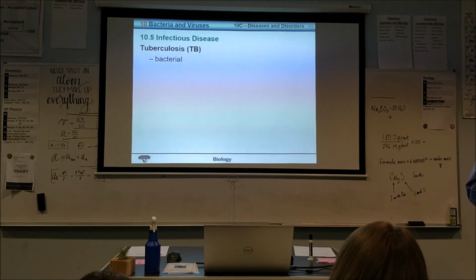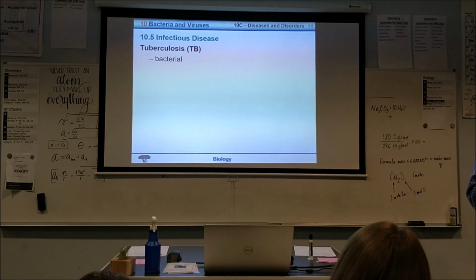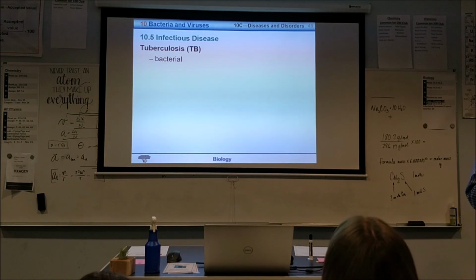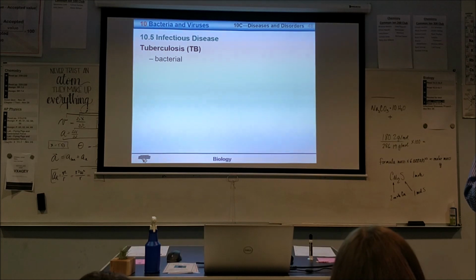Tuberculosis is one of the infectious diseases that in the U.S. there were a lot of people that had tuberculosis. My dad's generation was one where there were a lot of people that had TB. They would actually have special hospitals for people that had tuberculosis.